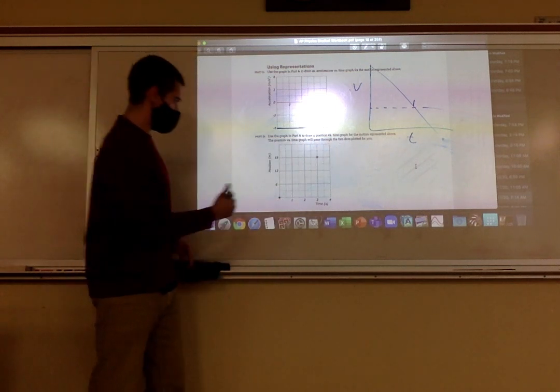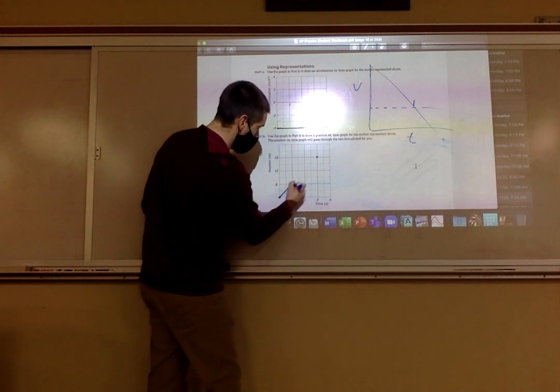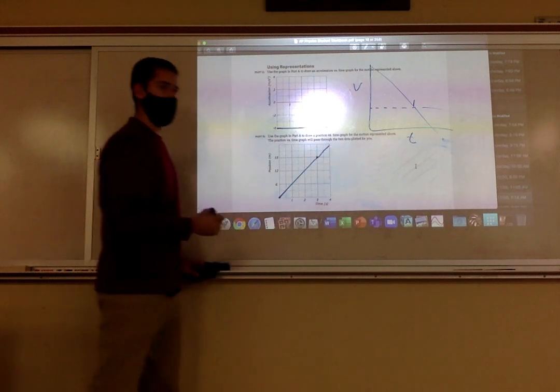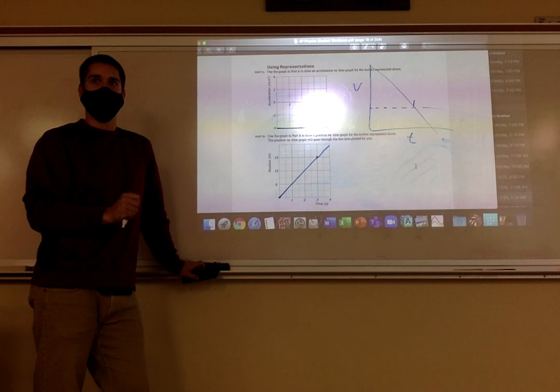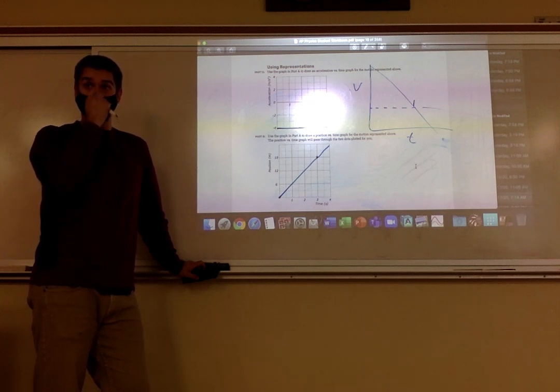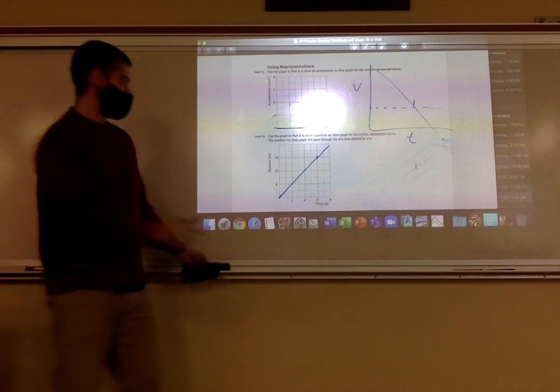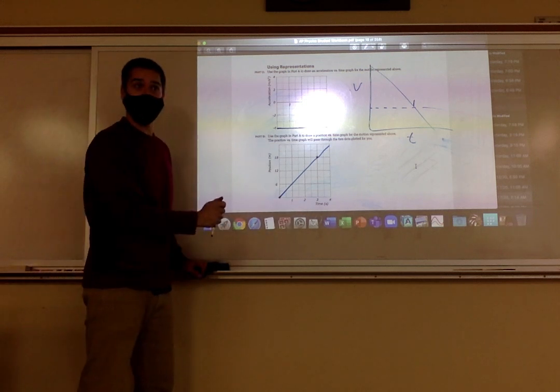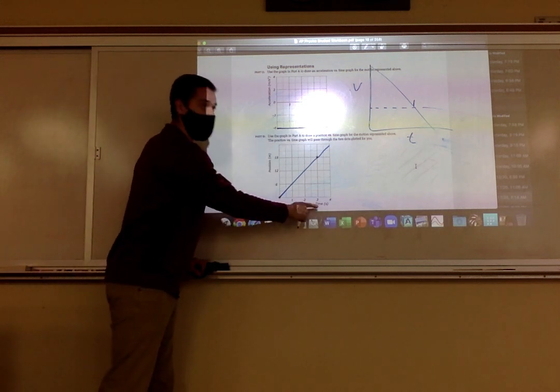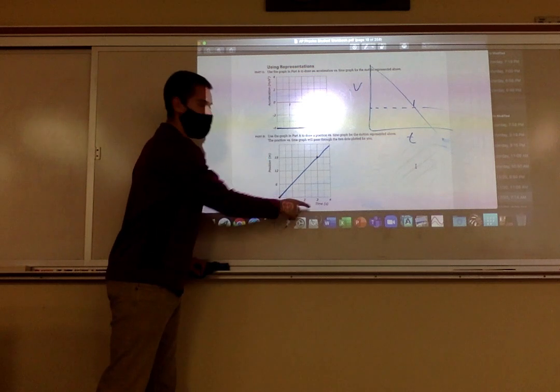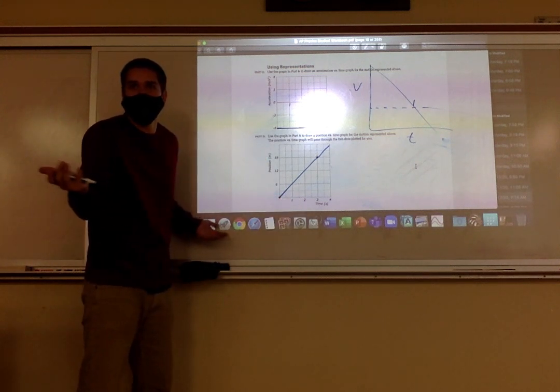Well, let's try something. What if I guess, I think it's like this. It slows down. If you did that, you would be moving at the same speed the whole time. Yes. The slope of a position time graph tells you how the position changes with time. It tells you meters per second. That's velocity.